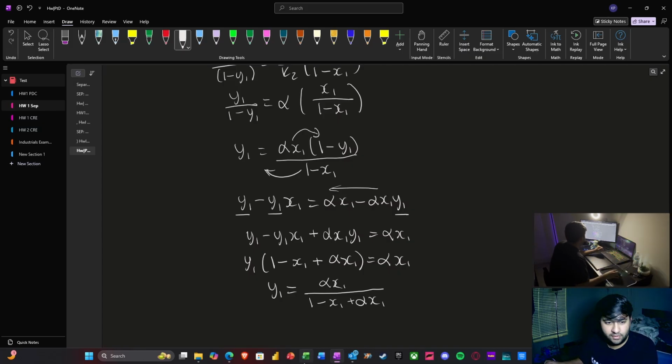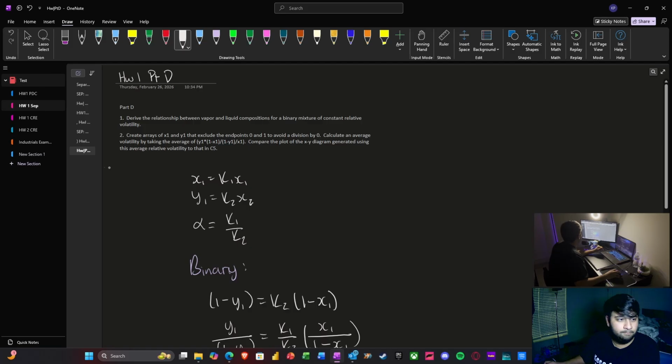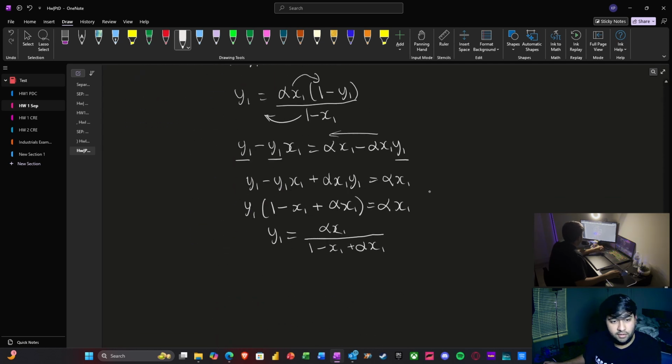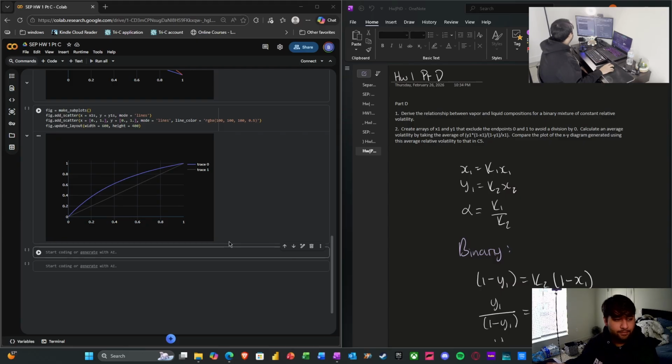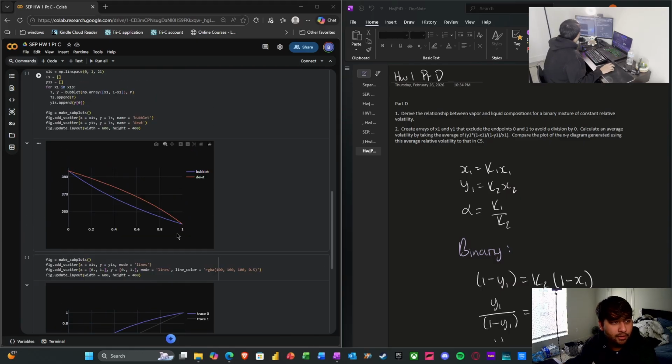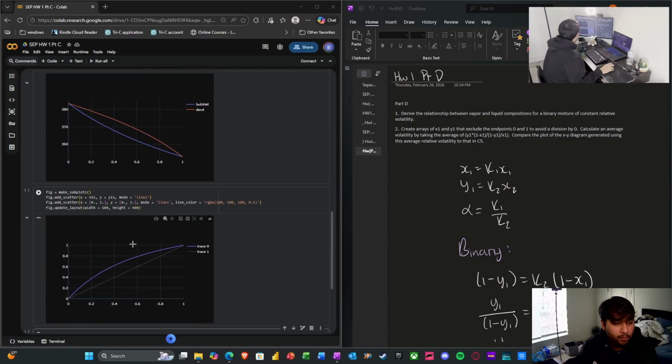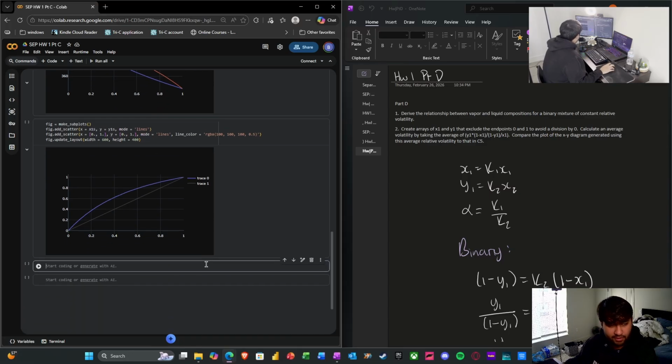And we're going to use this equation to generate our XY diagram and just see how the average relative volatility is affected. This is the coding section. So we have our code from part C, and we're going to use this graph to display those relative volatility values. So let's just get started and create our arrays.